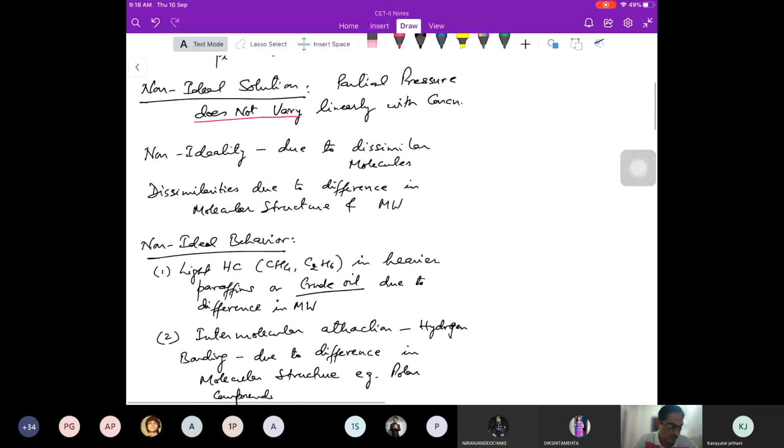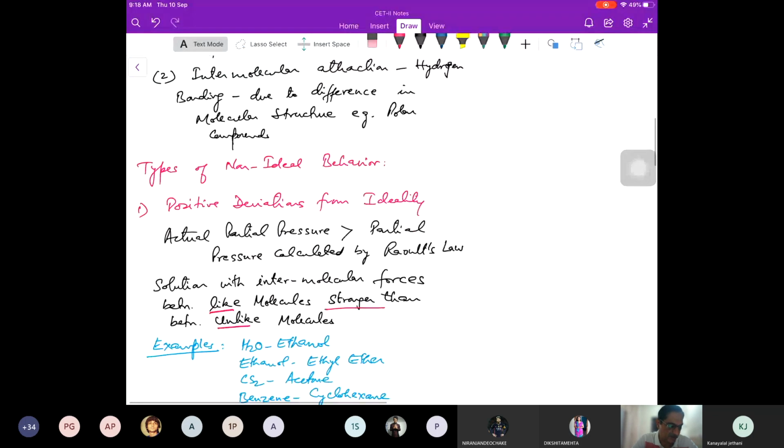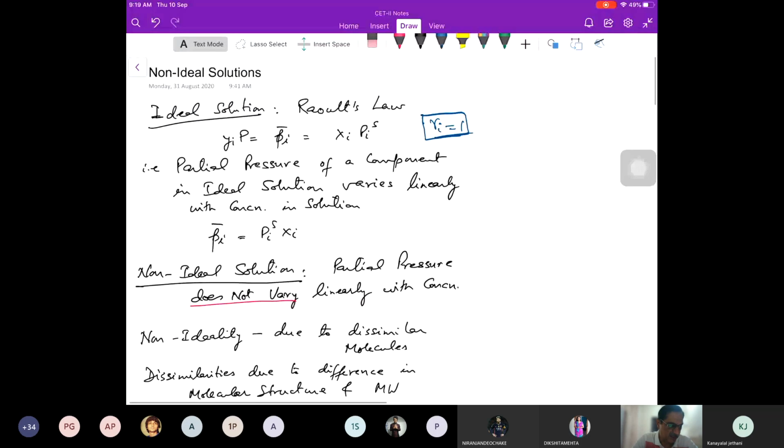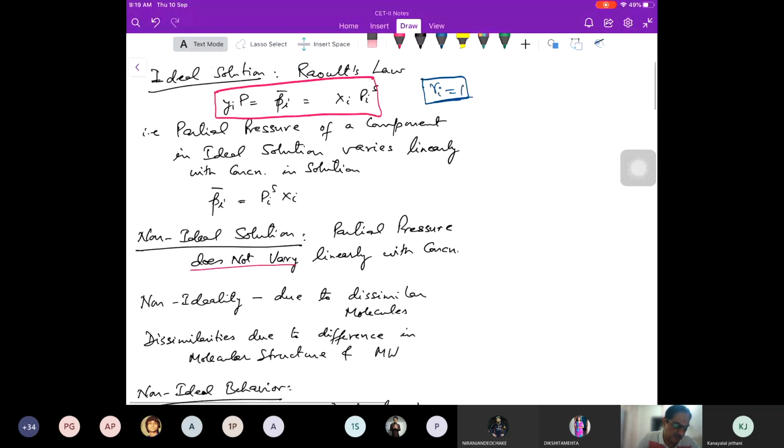So when the measured partial pressure is greater than that calculated by Raoult's law, the equation given above, then it is positive deviation from ideality.